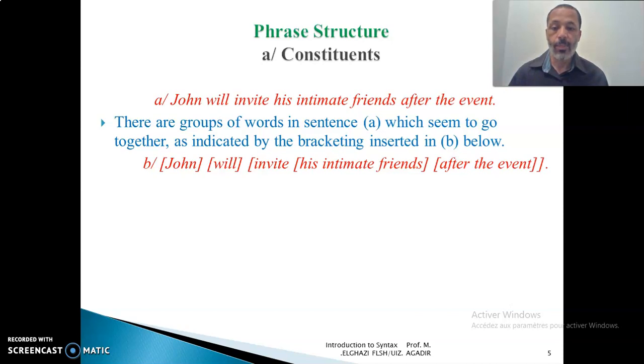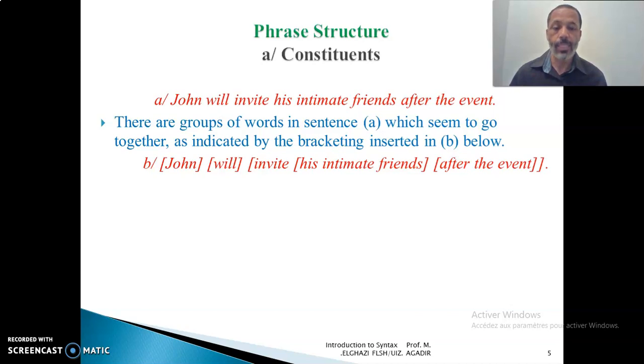Will, which is the modal, is also another constituent, and we will give evidence. Why do we consider will alone as a constituent and not as part of the following VP? Invite his intimate friends after the event, the whole of it, is a constituent. So we have John, then will, and then invite his intimate friends after the event as a whole constituent.